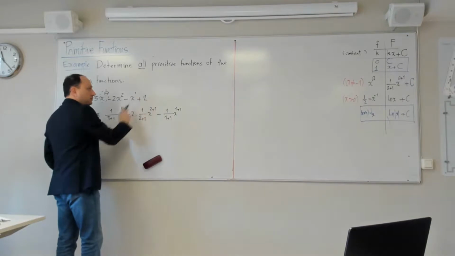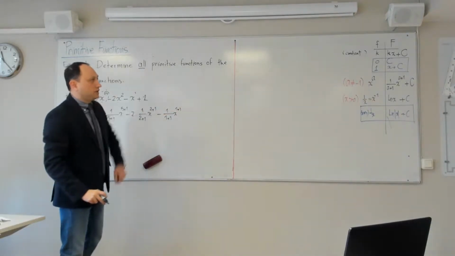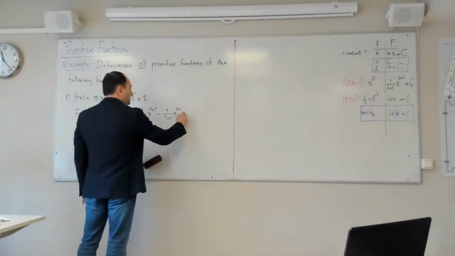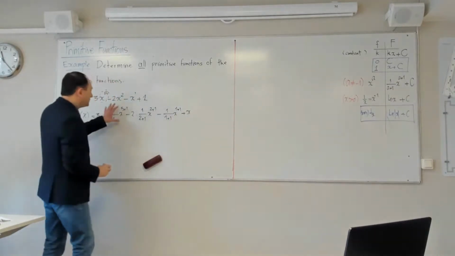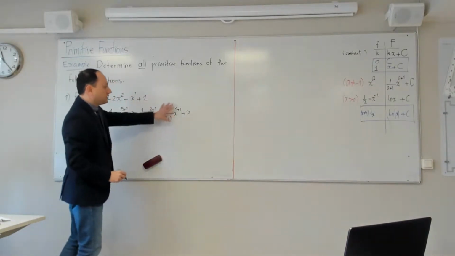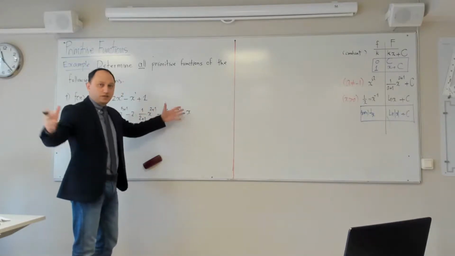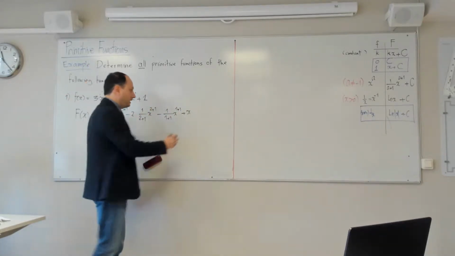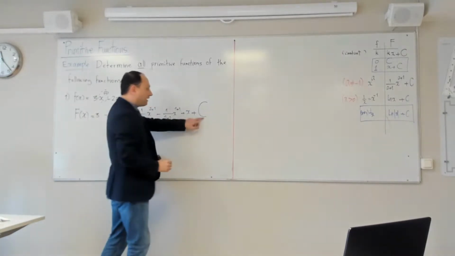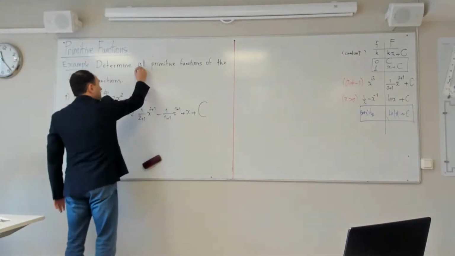What is a primitive function for 1? It's one special case of the first one. It is x. And then you don't need to put a constant here, here, here, and there. Of course, these are different constants, but at the end, if you add them, you can name them one constant. And I have to write this because of the word all.